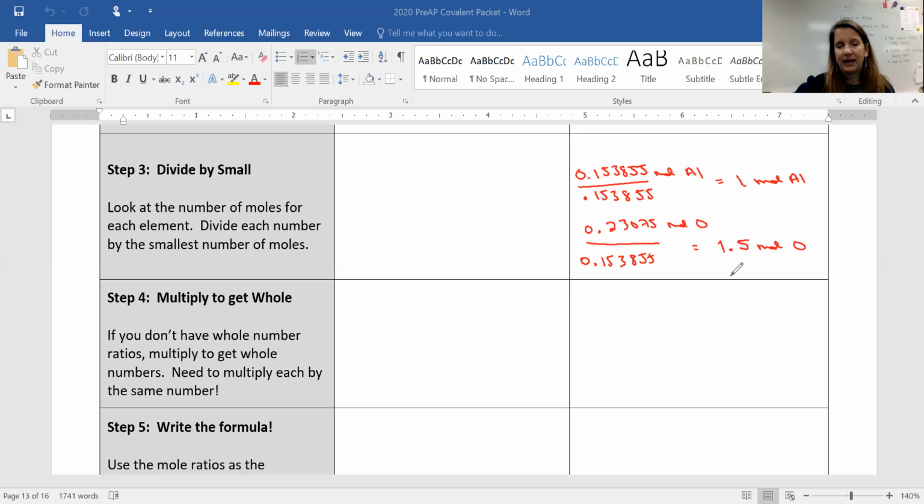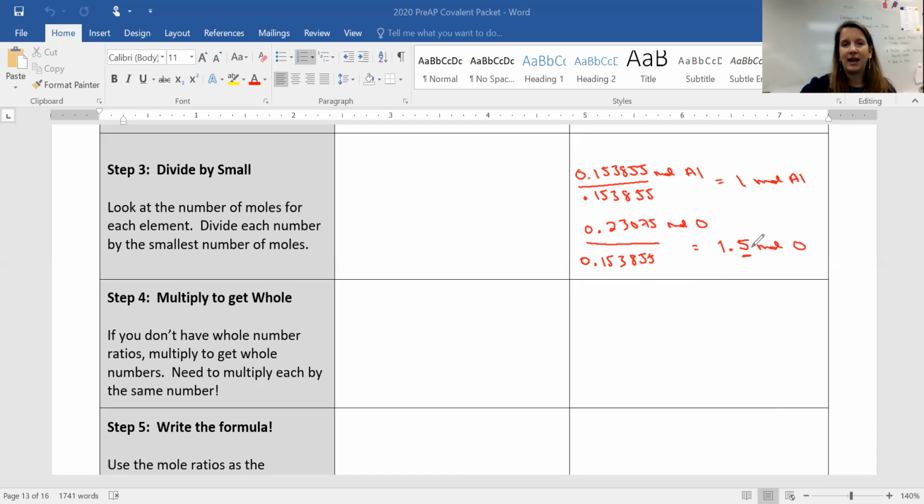So we know that we can't have half of an atom in a formula. We can't have like 1 aluminum and 1.5 oxygens. So we have to multiply these values to get a whole number for the oxygen. What you're going to want to do is look at what's after the decimal and ask yourself, what do I have to multiply to get rid of that decimal or that fraction?